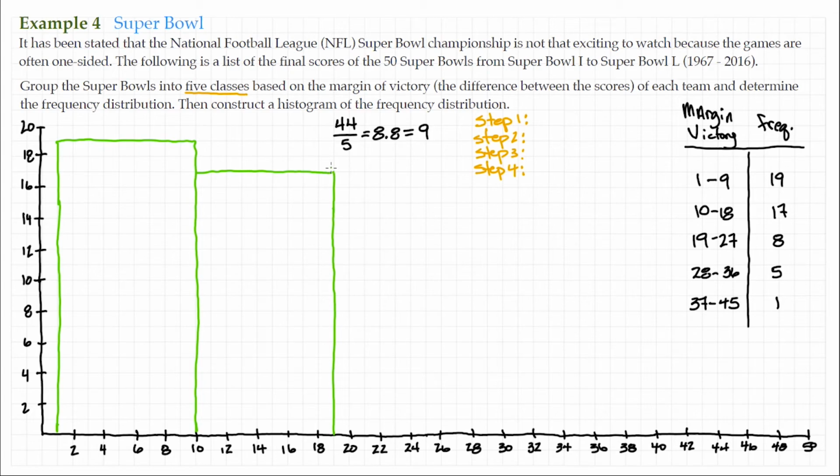Then we go from 19 to 28, and there were 8. Then from 28 to 37, there were 5.